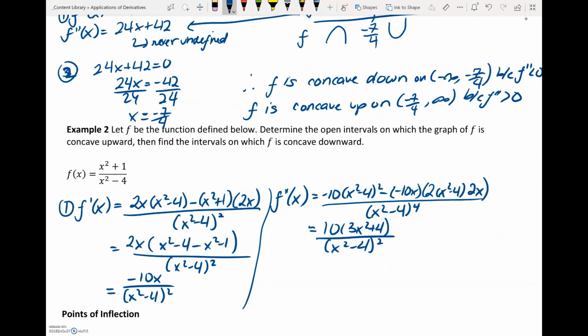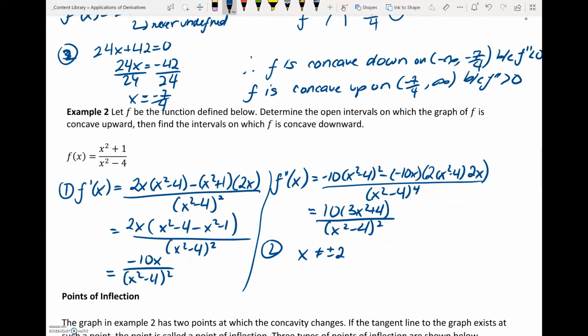Okay, now our second step is to set this equal to 0 and to see if this thing is ever undefined. And it will be undefined if x is plus or minus 2, because we get 0 in the denominator. Now to set f double prime to 0, we only need to set the numerator to 0 for this to happen.